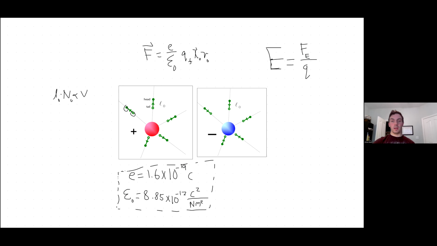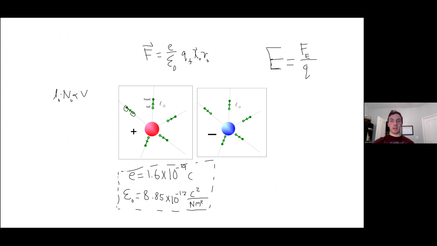Our equation for the force of a thread, keep in mind this is for the thread, is e over epsilon naught, the charge of our field particle times the length of our threads, and then this nu right here is just our thread density. When we're given those things, we're able to calculate the thread force, or the force that the thread exerts.